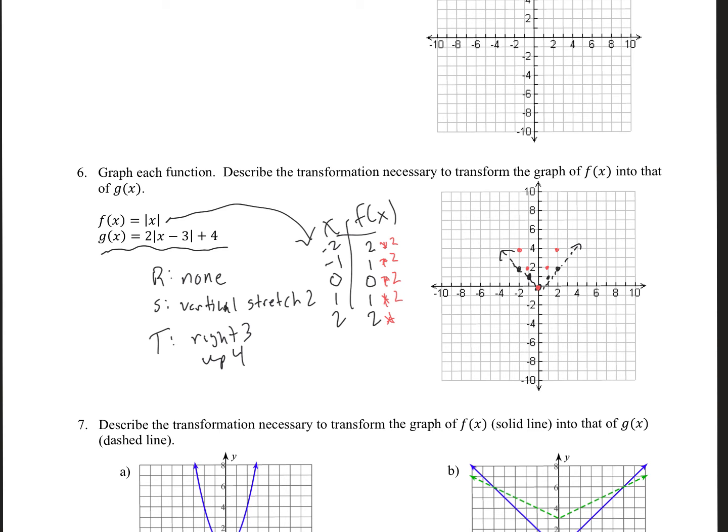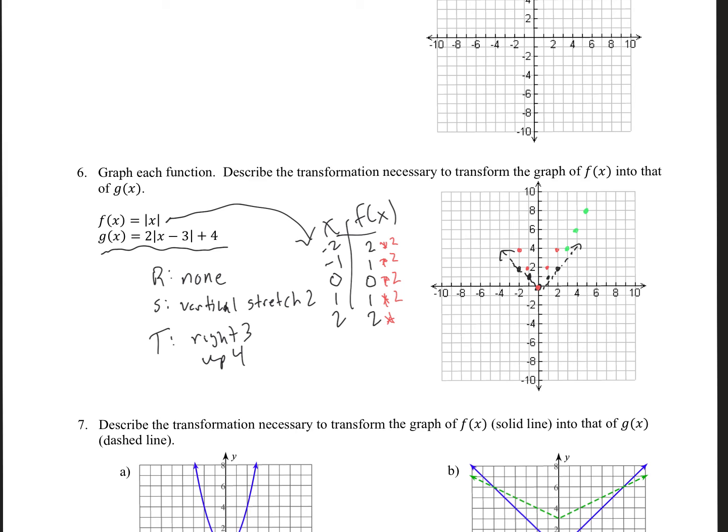And then we're supposed to move these right 3 and up 4. So I count each dot, right 3 and up 4. So 1, 2, 3, 1, 2, 3, 4. Oops, I'm going to use a different color. Let's use green. And then same thing here, right 3, 1, 2, 3, 1, 2, 3, 4. And then the 0, 0: 1, 2, 3, 1, 2, 3, 4.